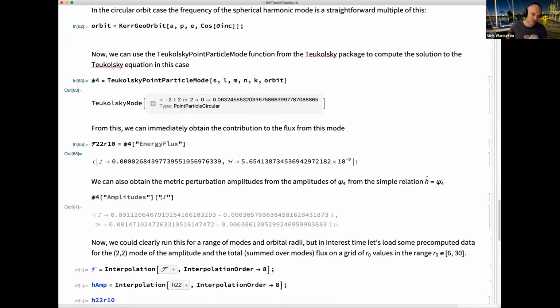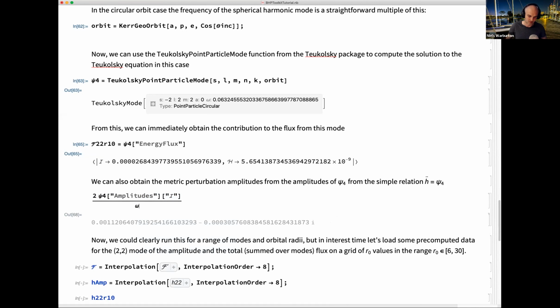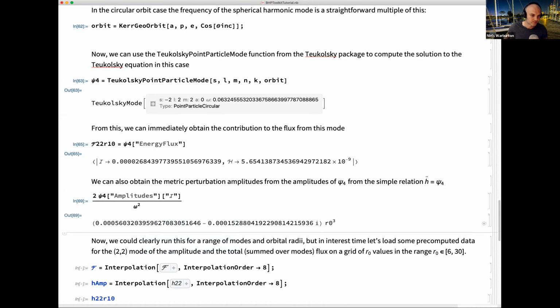To extract the infinity, we just ask it for the scri plus. And this is Psi4. We actually want H, because we're in the frequency domain. That's easy to compute. That turns out to be a factor of 2, but then there's an omega squared appearing here.